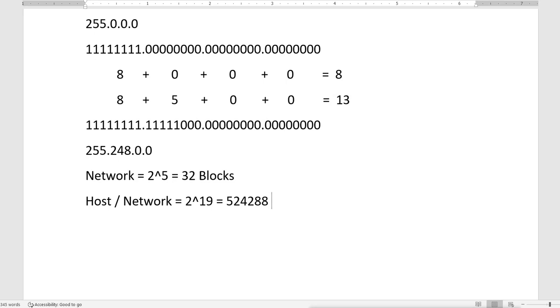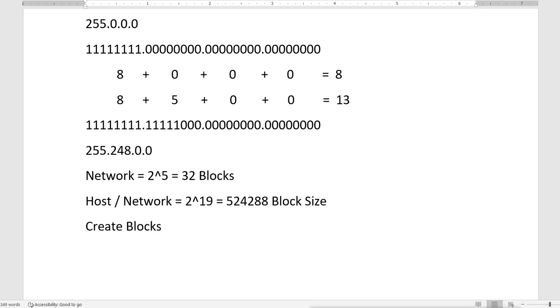So this is my block size. We get 32 blocks, and each block has this number of hosts. Now, how will we create the blocks?